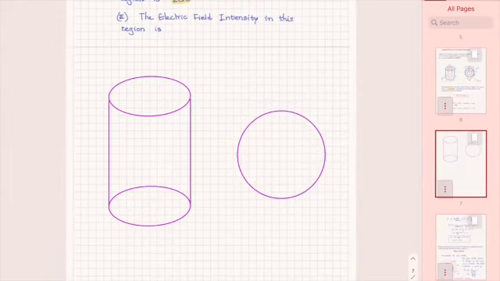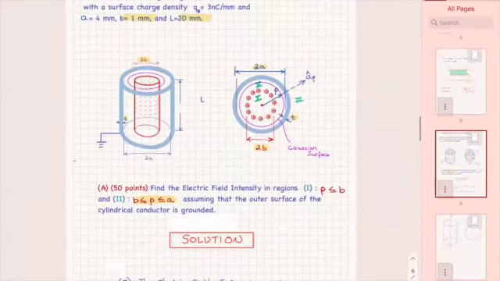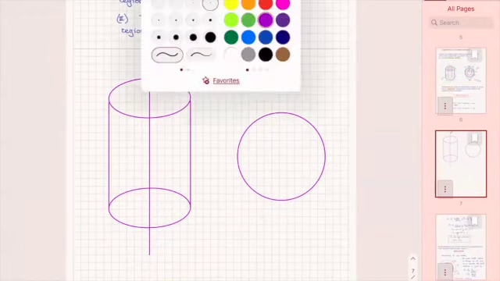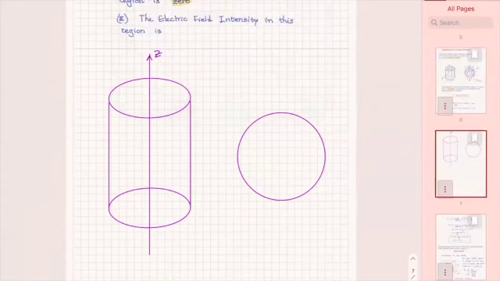Since this is a cylindrical coordinate system, this is going to be along the z direction. Now, in this particular problem, I have a charge which is distributed, and I gave the problem per meter, as a matter of fact. Some time ago there is a charge here, not at the center, though I could have put a charge at the center. I did not do that.